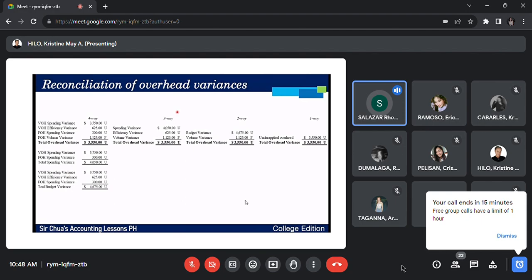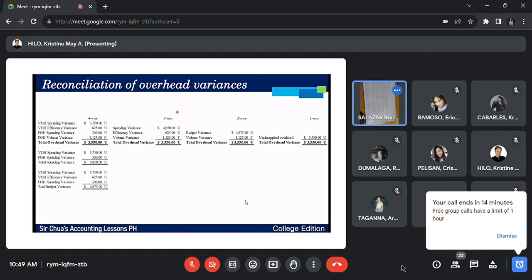is 1,125 favorable. So in totaling, if a variance is unfavorable, we add it, but if it is favorable, we subtract it. So the variable overhead spending variance is 3,750 unfavorable.